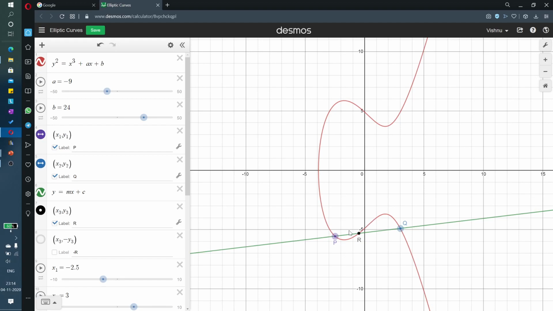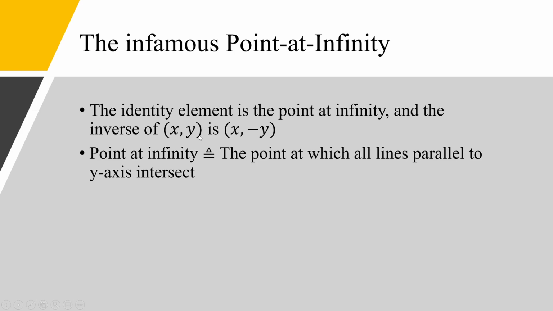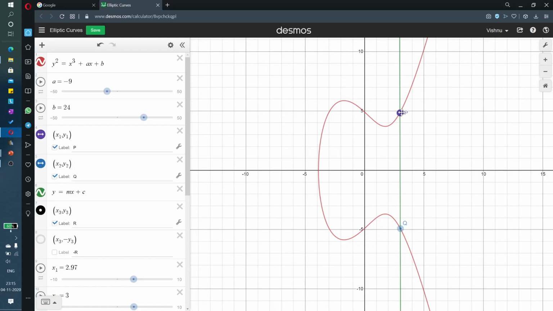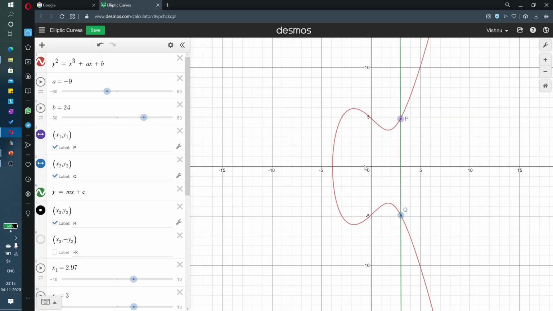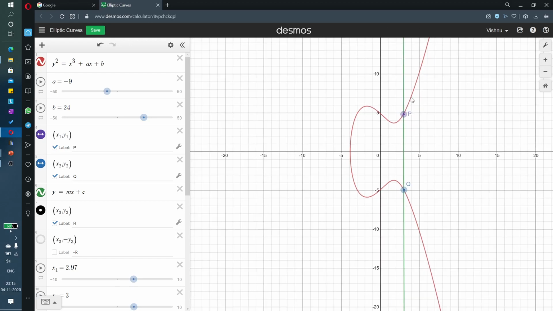Let's look at a small illustration of what this actually means. What if I took 2 points that were the inverses of each other? So this is approximately a vertical line, and can I say that q is the inverse of p? I can, because they're reflections across the x-axis, and the inverse just becomes x comma minus y. And we see that this line only intersects the curve at 2 points. It doesn't intersect the curve at 3 points.